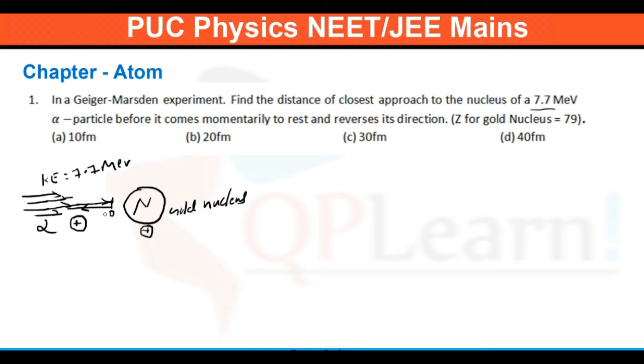So the kinetic energy decreases to completely 0, and when the particle moves back, its potential energy increases. One concept we have to understand clearly: the initial kinetic energy of the alpha particle should be equal to the potential energy of the system.